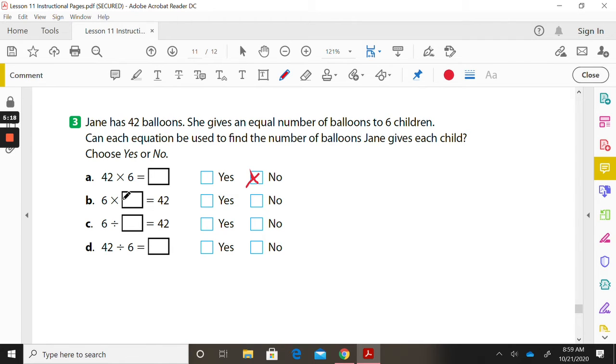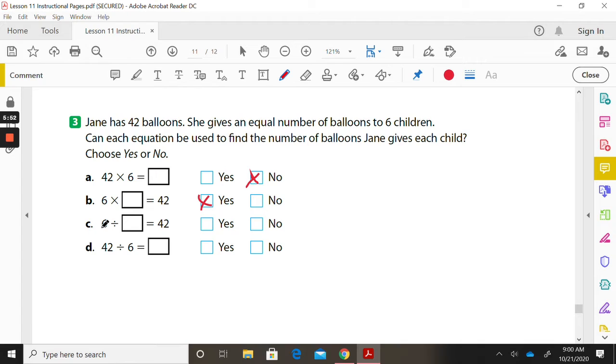Look at B. 6 times a number equals 42. Well, as we just talked about, 42 is my total. So I'm looking for another number I can multiply times 6 to get 42. So yes, I think this one would help me. C. 6 divided by a number is 42. I don't think this is how division should be set up. The total should actually be in the beginning of the equation.